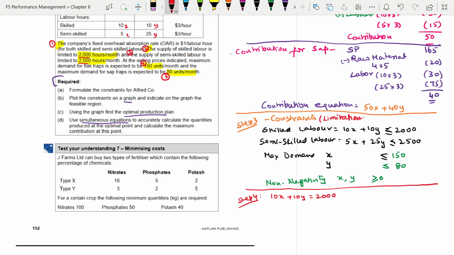We should not have negativity; we have to get the contribution more than 0. That is the reason step 3 talks about the constraints. Based on the constraints we will get the points, and based on the points we will create the graph. Is it okay?